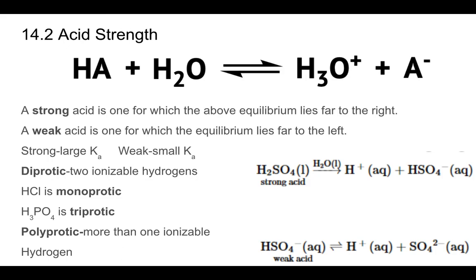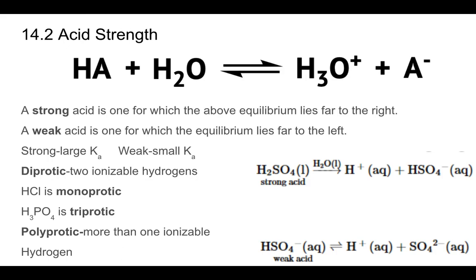So the assumption in AP chemistry is generally that both H pluses on H2SO4 come off 100%. But when you get to college, you get a more sophisticated approach to it. The first H plus comes off 100%. The second H plus only comes off partially. Okay, I'll get off my soapbox about that.